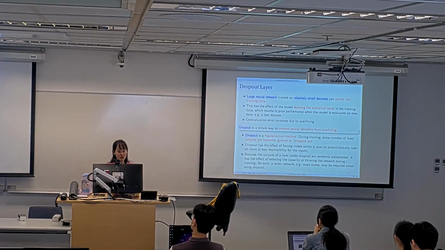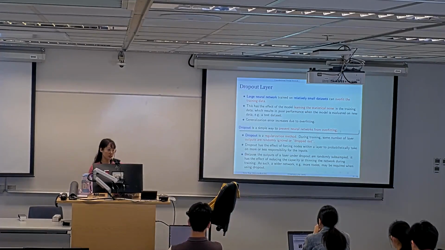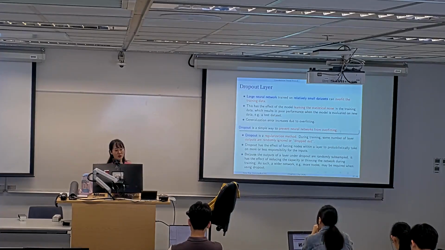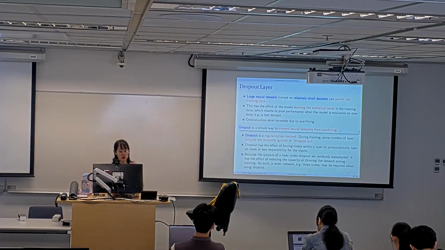Large neural networks trained on relatively small data sets can overfit the training data, sometimes very severely. The model learns some statistical noise in the training data, which results in poor performance when the model is evaluated on new data.